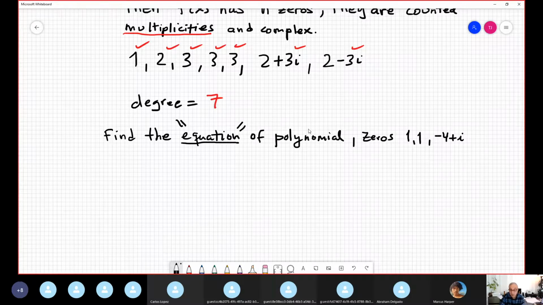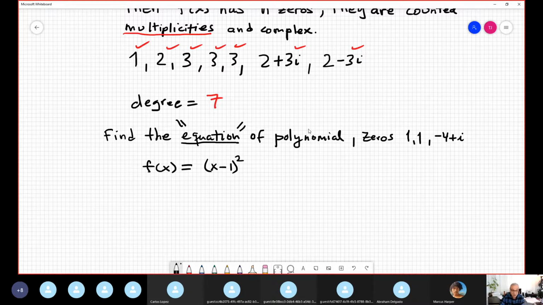Okay, so if it is repeated, it is obvious that my function includes x minus 1. Remember, this is a zero and the factor has the opposite sign. Times x minus 1 two times, much better, in my opinion, is squared. Like that, right?